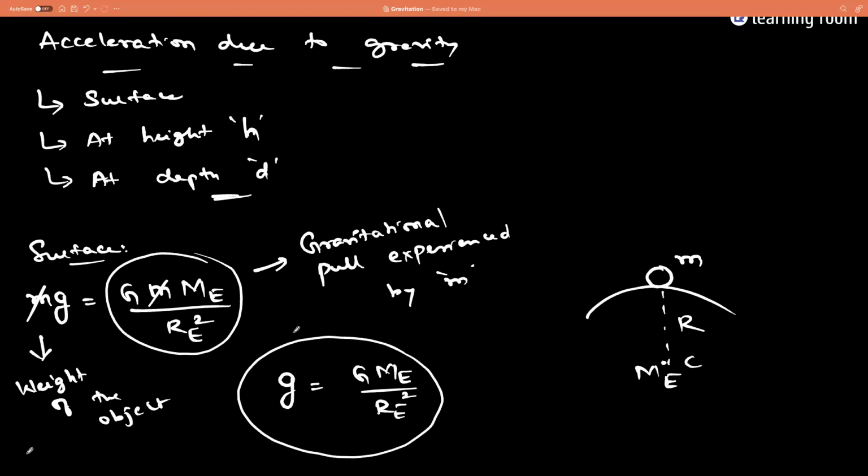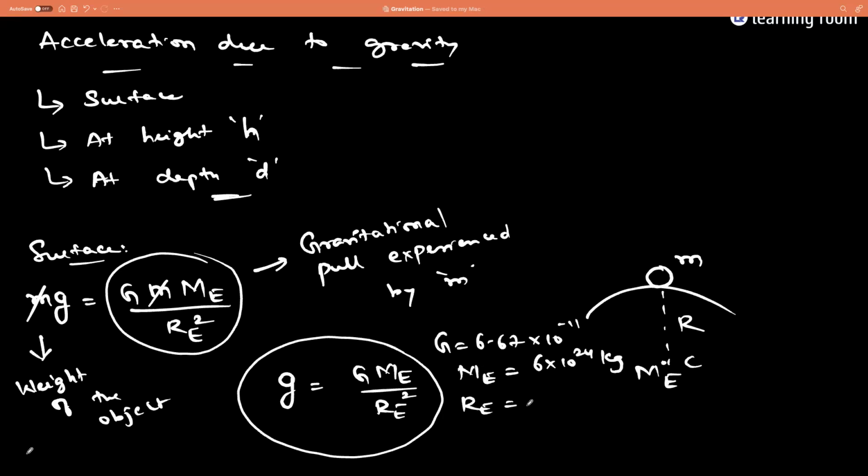Right. So when you take the value of capital G, how much is it? 6.67 into 10 power minus 11 in SI units. What about the mass of the earth? 6 into 10 power 24 kilogram.